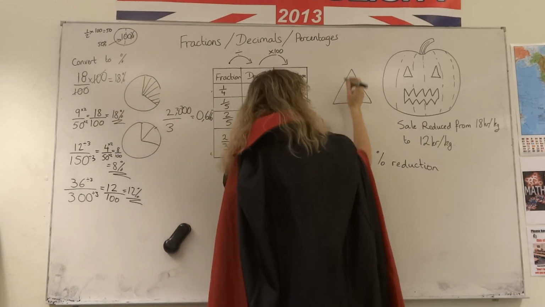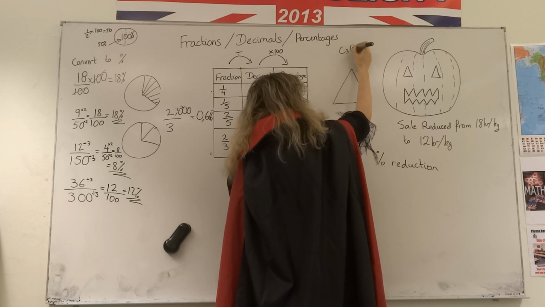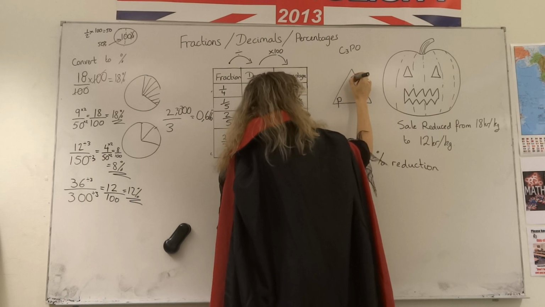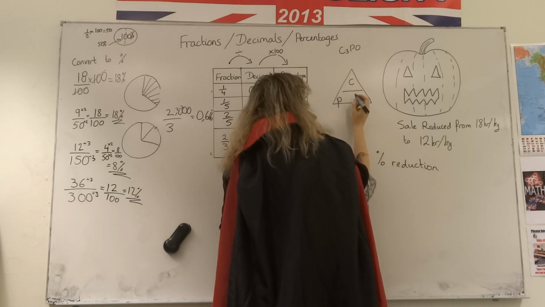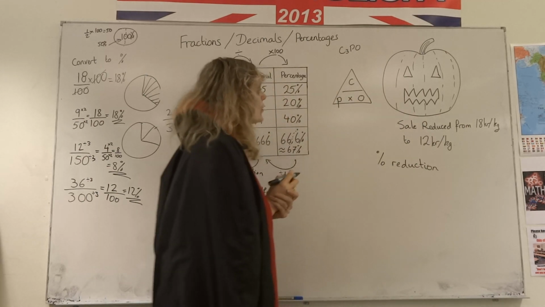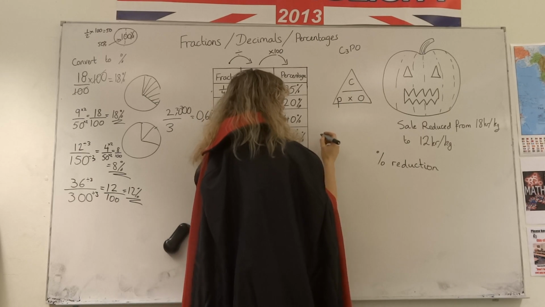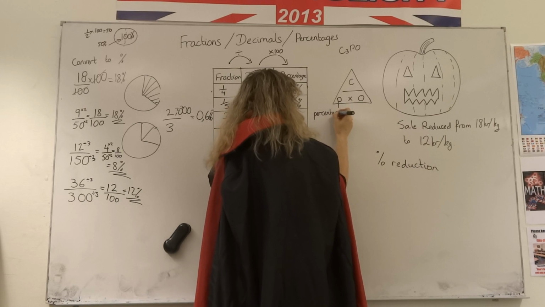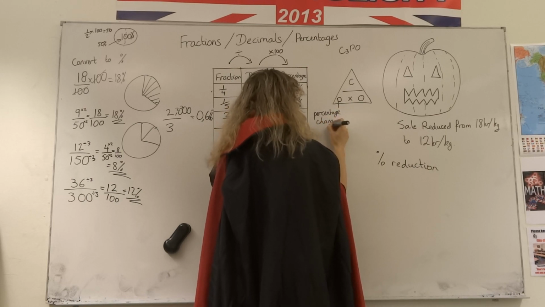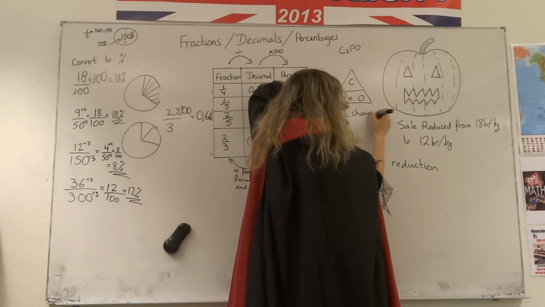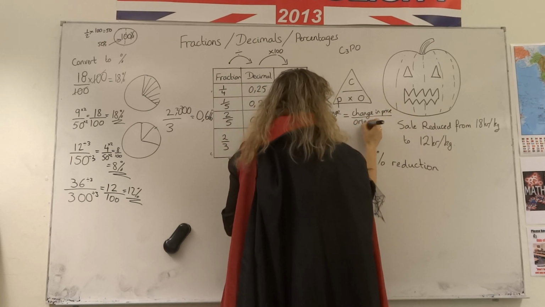We can actually think of C3PO, the Star Wars guy, that the percentage change is equivalent to the change divided by the original. So C3PO, CPO. So the formula here would be percentage change is equivalent to, this is the one I want, the change in price divided by the original price.